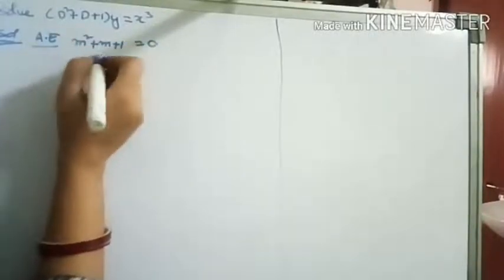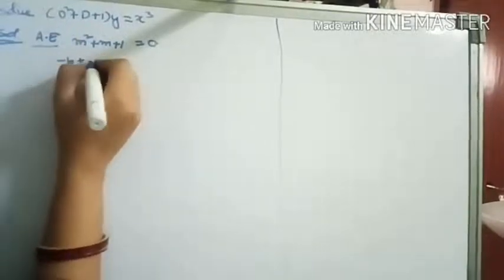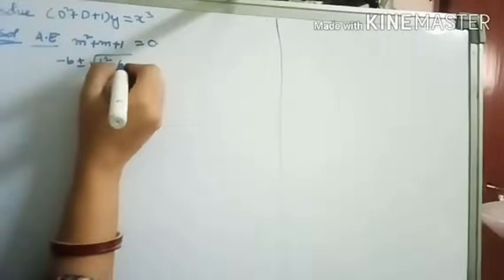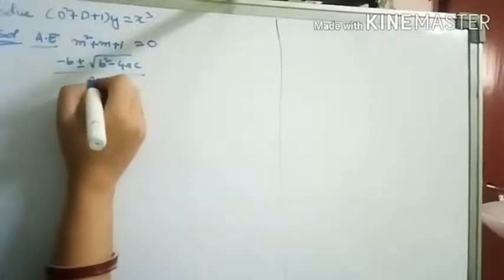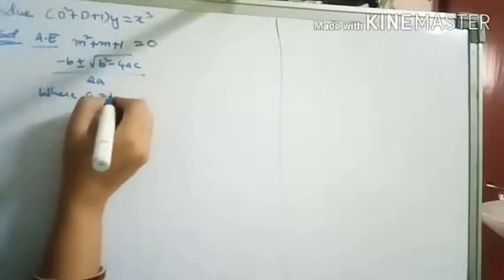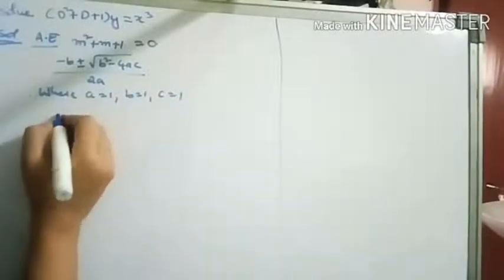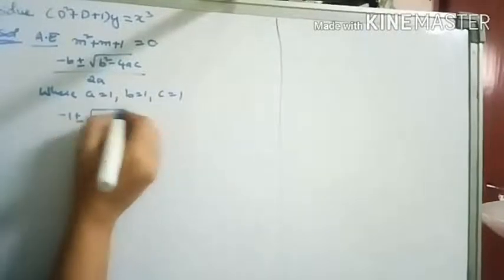By common factors we cannot find the roots, so we will use the formula minus b plus or minus under root of b square minus 4ac divided by 2a, where the values are a equals 1, b equals 1, c equals 1.